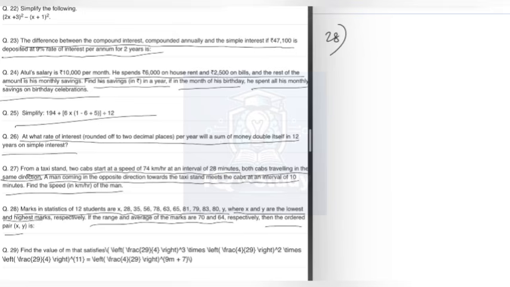We know that average is equal to sum of all marks by total number of students. Given range is 70 and average is 64.